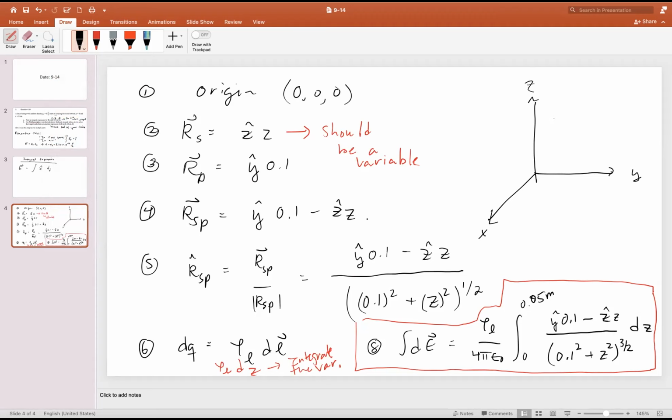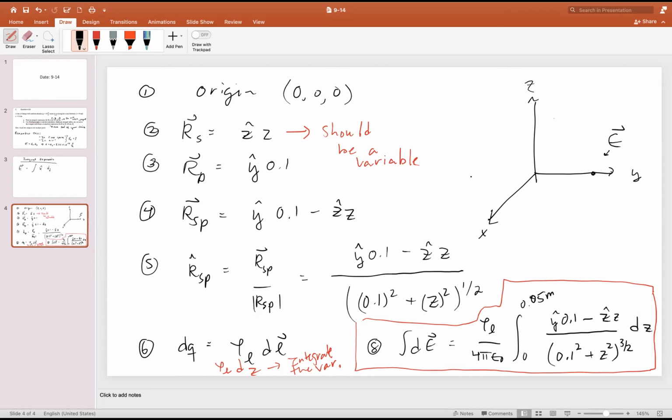So this variable describes the direction of the electric field, right? This is a vector that describes the direction of the field. Remember, we're trying to find E at this point, and this RSP vector describes the magnitude and direction of the electric field at that point.